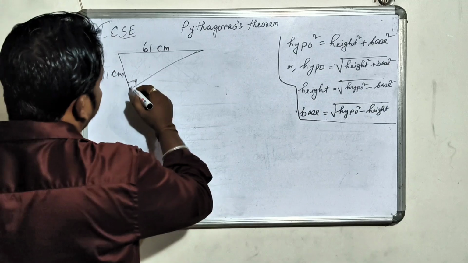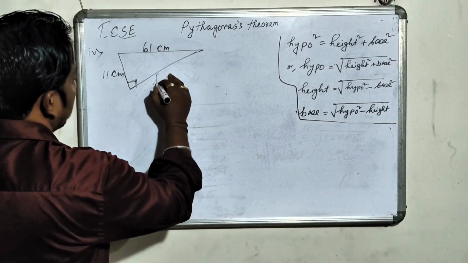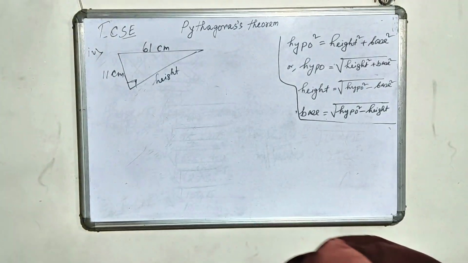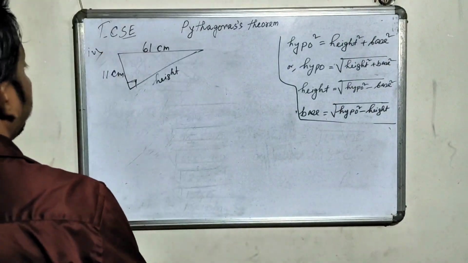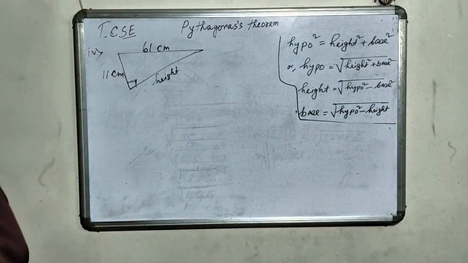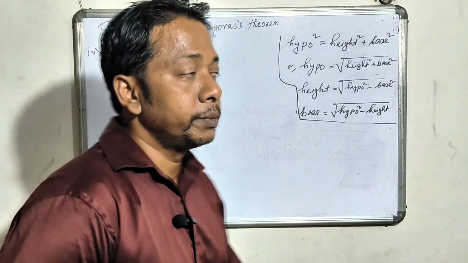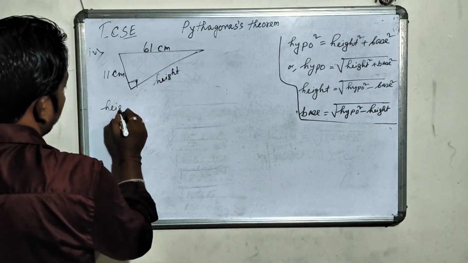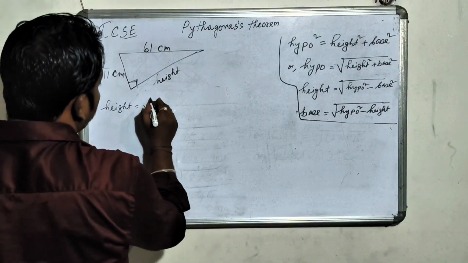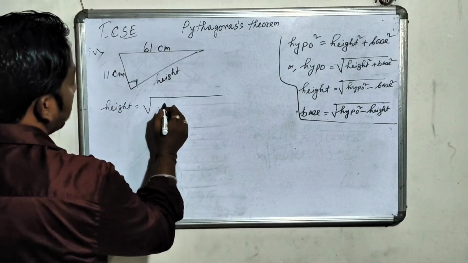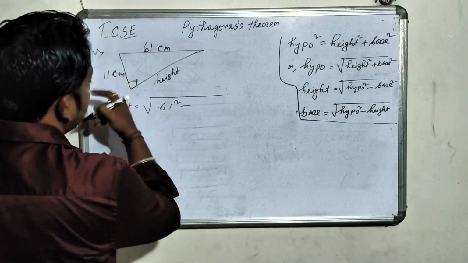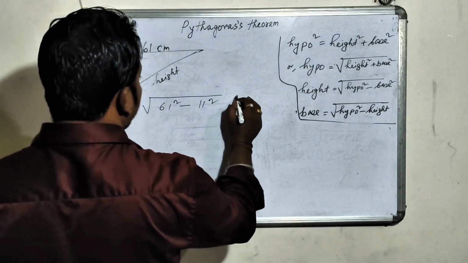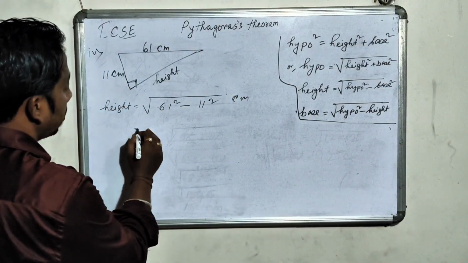This is the base and that is the height. Again, from the law of the Pythagoras theorem, height equals hypo, which means 61 square minus base, 11 square. So here write down the unit.